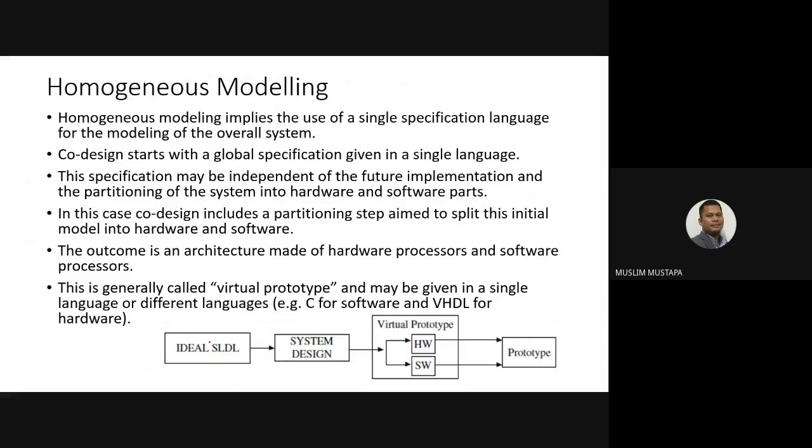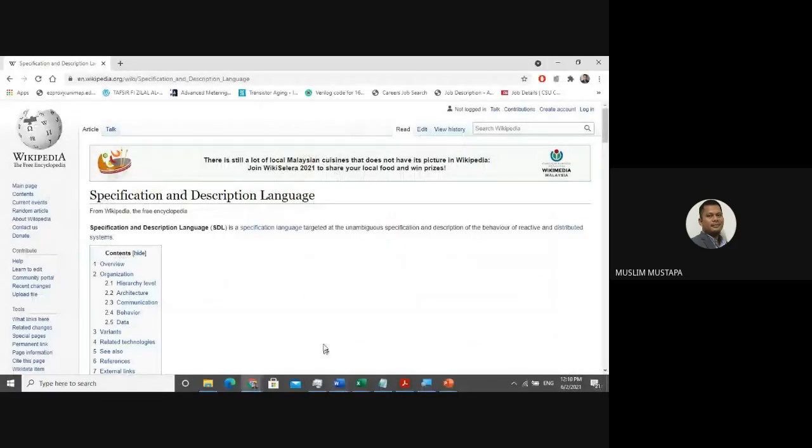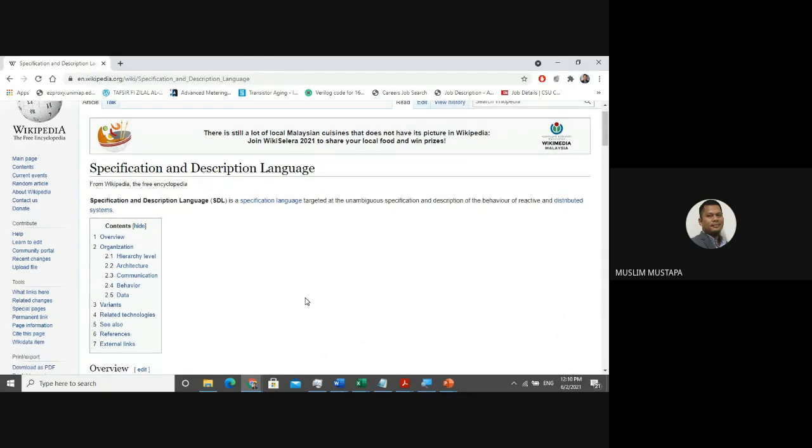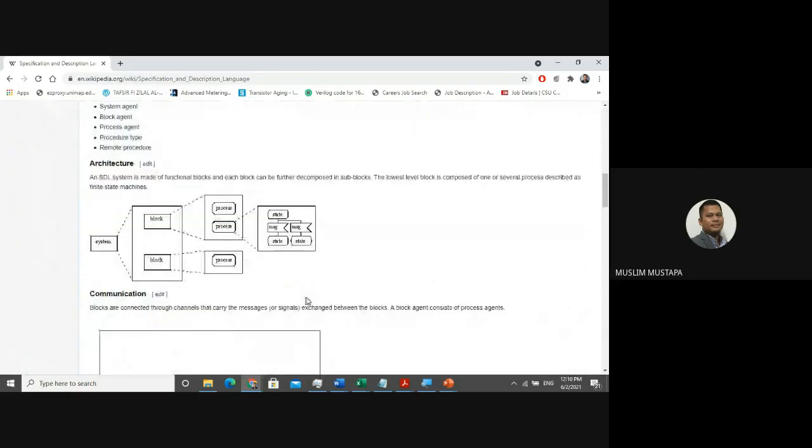There's an ideal SLDL, the design language, and then there's the spec system design. Then it goes into the hardware and software, so you just follow the normal rapid prototyping flow. If we look into SDL, it's a specification description language. You can Google it, and I think I gave the link in the slide. You can check it in Wikipedia. So this is an example.